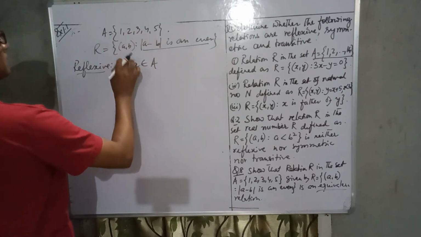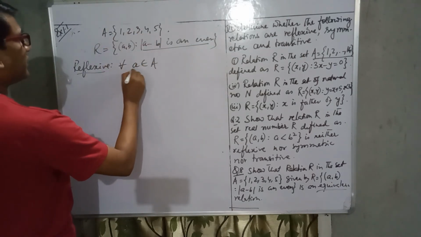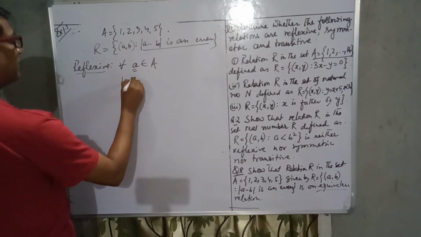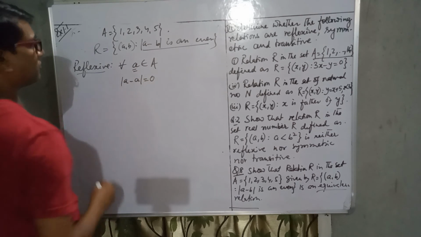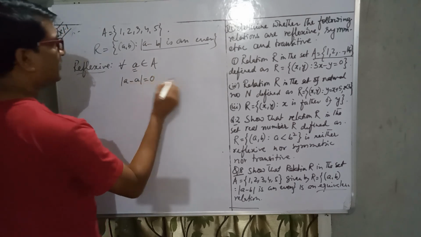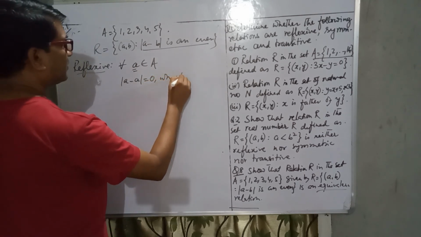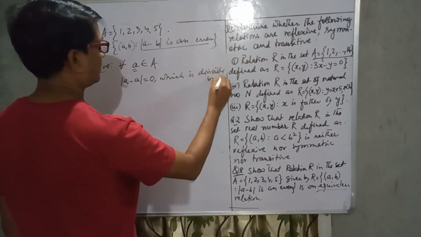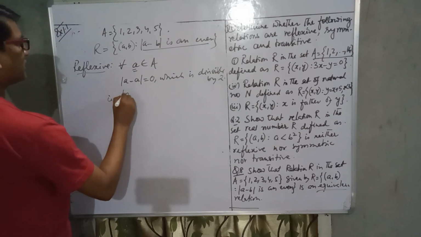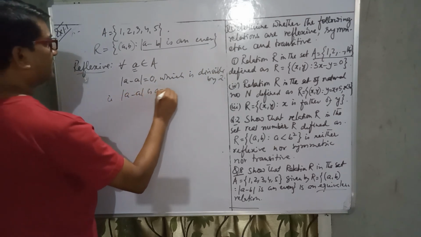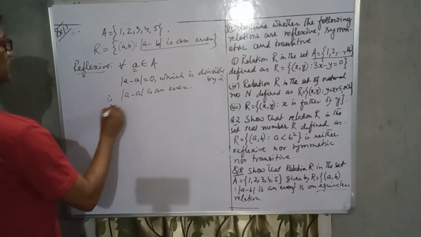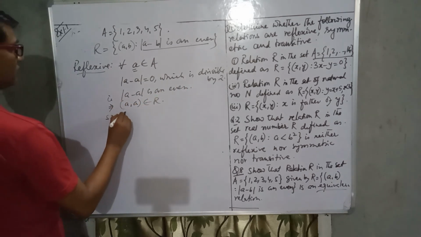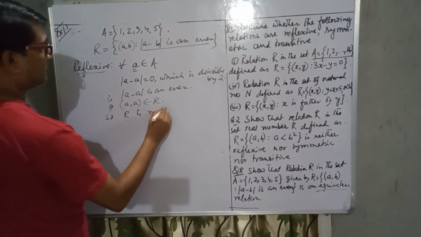All the elements are represented by a small a, which belongs to A. For all (a, a), modulus of a minus a is equal to 0. Is it divisible by 2? Yes, 0 is divisible by 2. So a minus a is even. It implies (a, a) belongs to R. So R is reflexive.